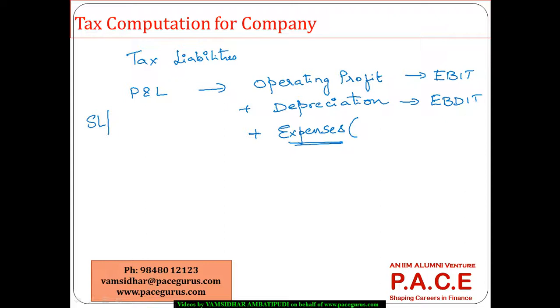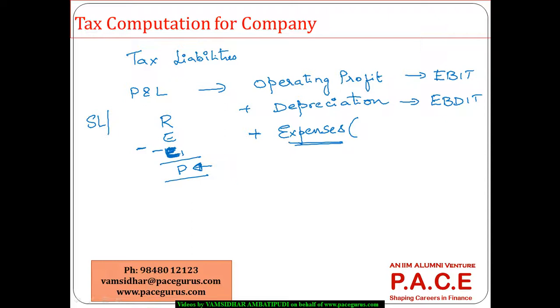So whichever is initially treated as tax exempted, if I am talking about some expense, there is a revenue, there is an expense, and there is an expense one. You take out this expense one and whatever profit you get, the tax is applied on this profit only, which means this expense one is completely going as a part of tax exemption, because you have incurred it as an expense.